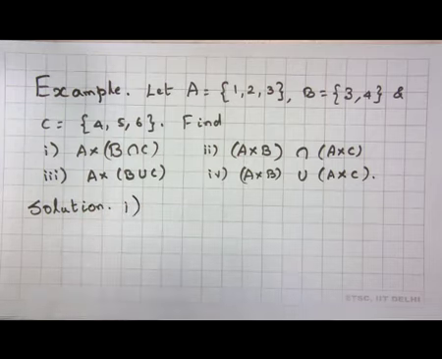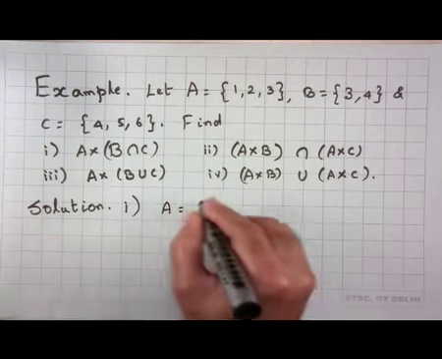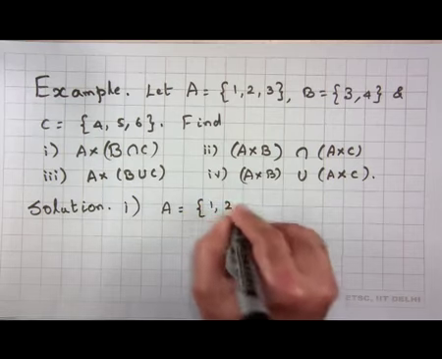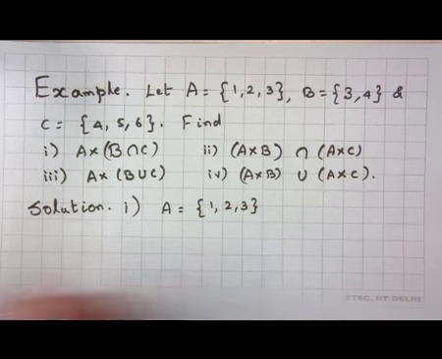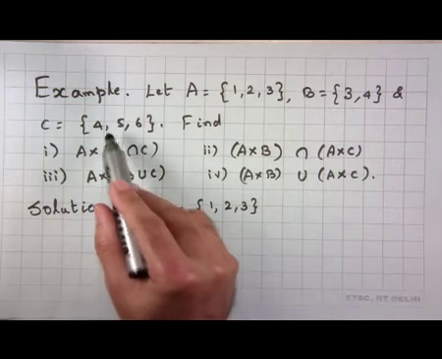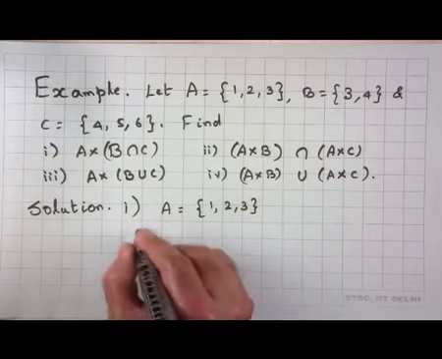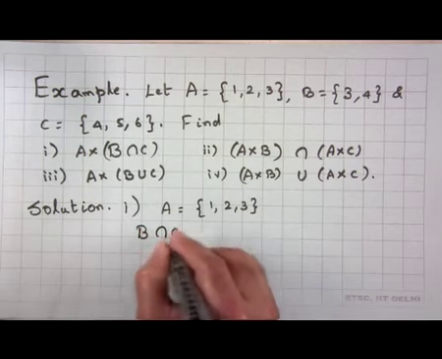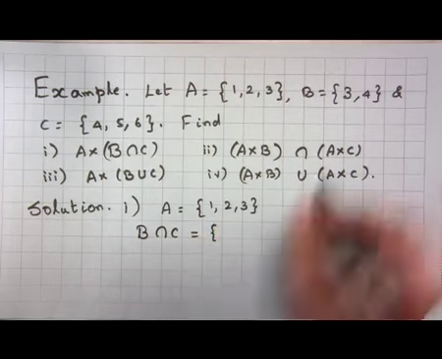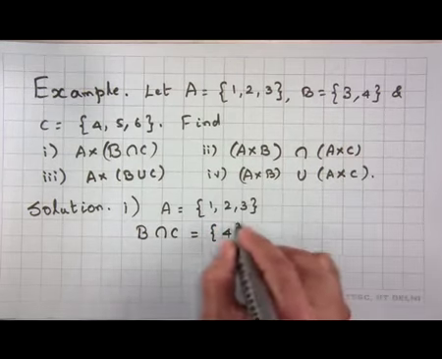First one, we are given that A is {1, 2, 3}, B is {3, 4} and C is {4, 5, 6}. Therefore, B intersection C, the common element between them, is exactly 4.